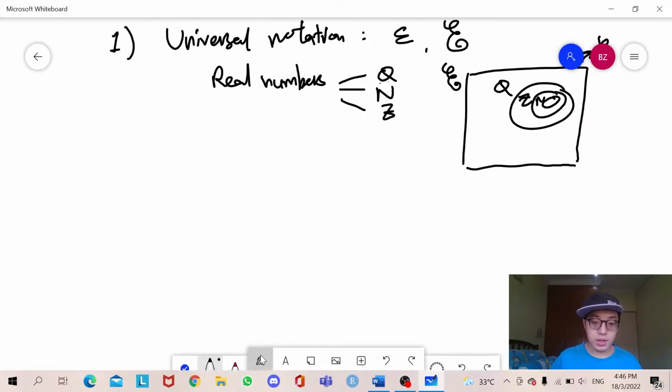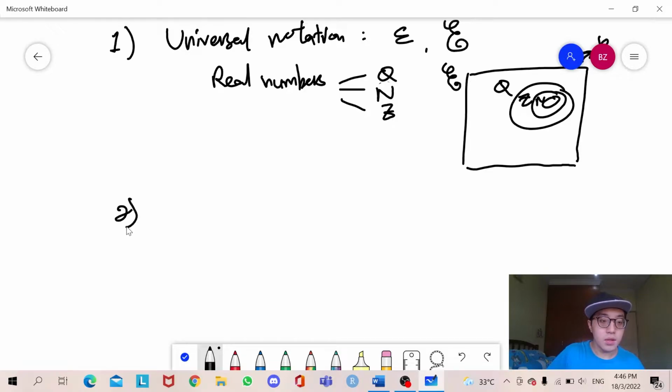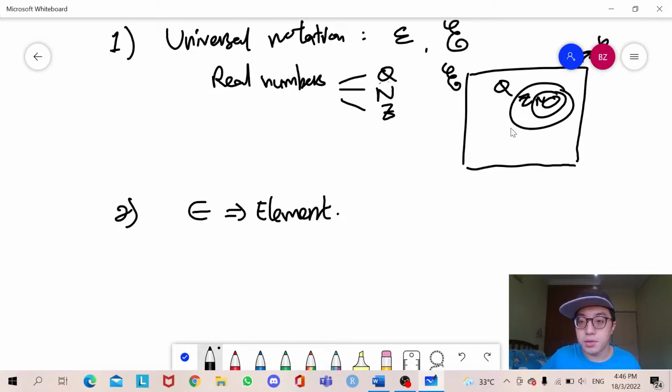The second thing we need is the element symbol. This is different from the universal notation you saw earlier. For example, let's take back the example here. We know that 1 is an integer, so we say that 1 is an element of the integers.